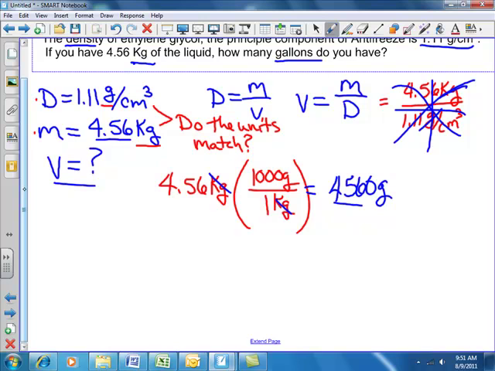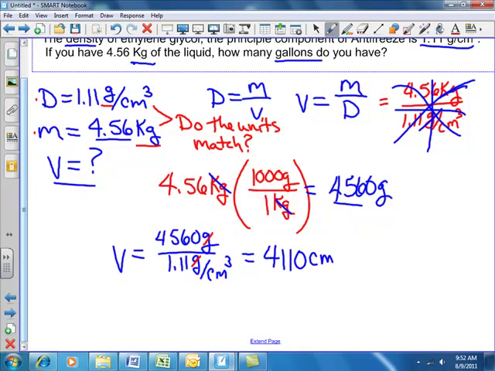Now I can solve for the volume. The volume is the mass, 4,560 grams, divided by 1.11 grams per centimeter cubed. My gram unit cancels, so I'm very happy with that. I'm going to get a volume of 4,110 centimeters cubed.